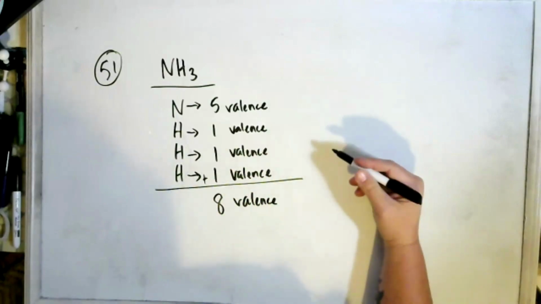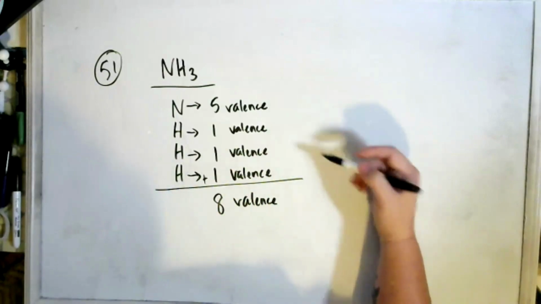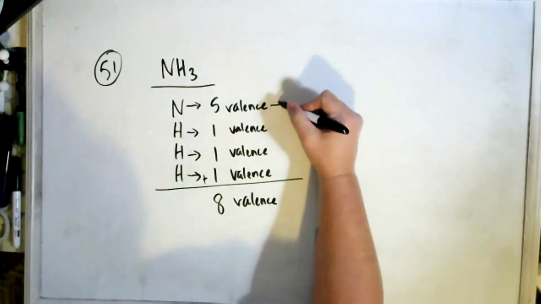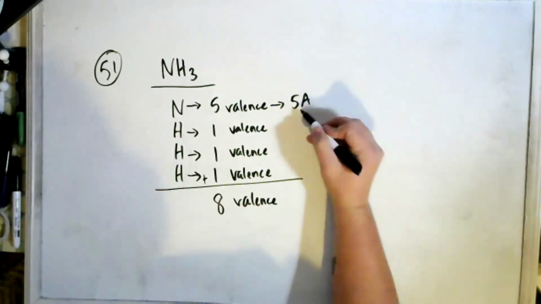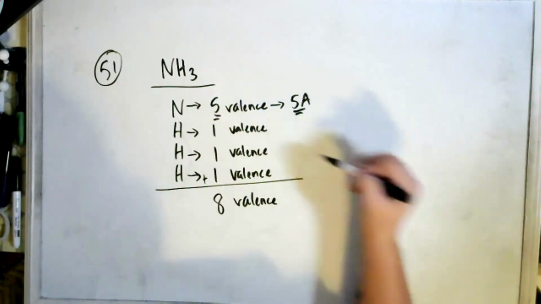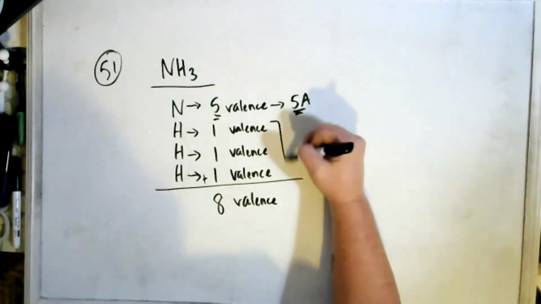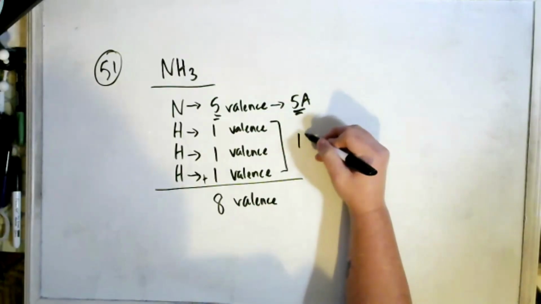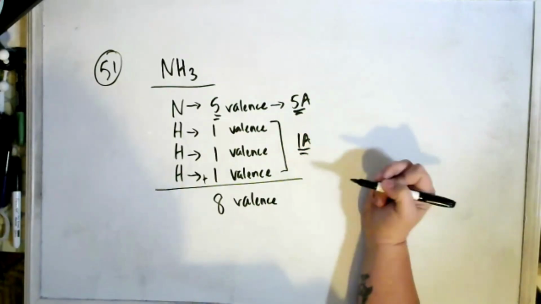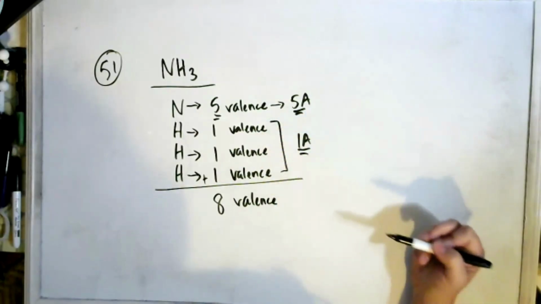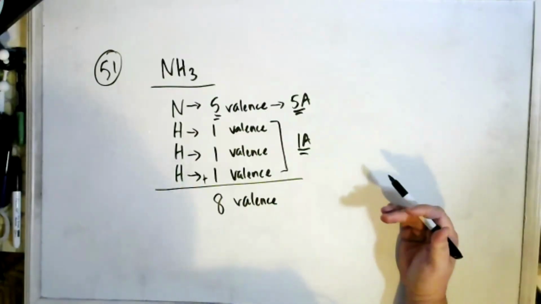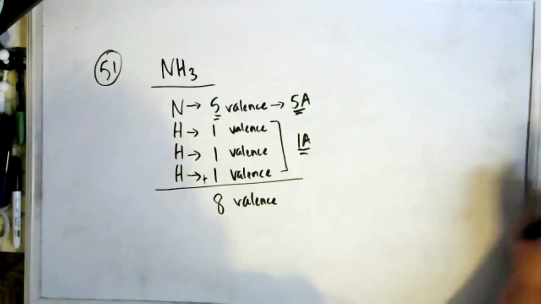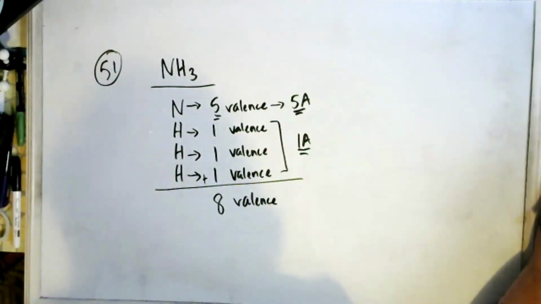But this question asks us to look at the individual contributions. How do we know that it's 5 valence? Nitrogen is in group number 5A, and that group number tells us the number of valence electrons. Each hydrogen is going to be in group 1A. That's why we know that each hydrogen gives us one valence electron. And so here you have to read the wording of the question kind of carefully when you're picking out your answer.